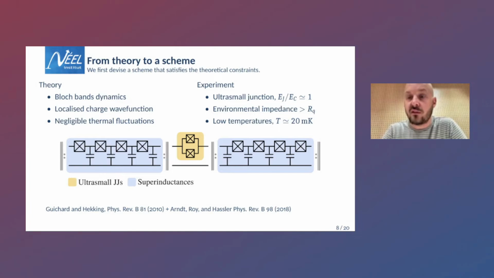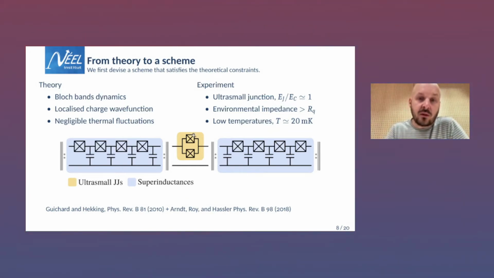It's because the impedance of a transmission line is square root of L divided by C. So if you make a very large inductance and you have a very small capacitance to ground, actually you can have a transmission line without any Joule heating because you only have a superconducting element, but still from the point of view of the small junction, it will be a large impedance. So this is what we implemented.